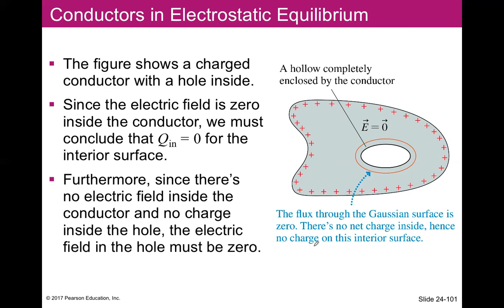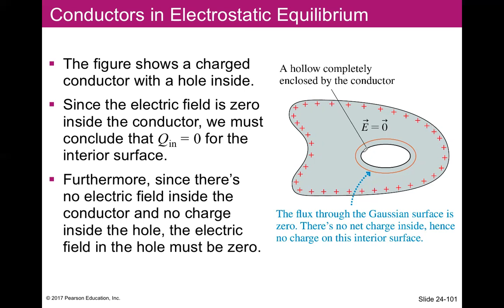So we're now talking about making a hole in a conductor. If there is a hole, still the charges are distributed on the very outside of the surface rather than the inner surface, which is the surface of the cavity or the hole.